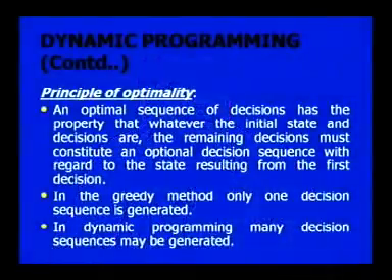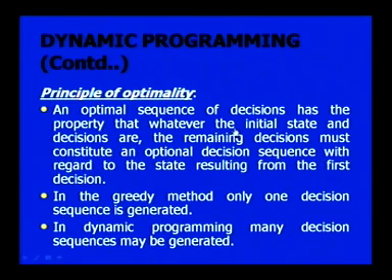The fundamental philosophy of dynamic programming is called the principle of optimality. The principle of optimality is the property that whatever the initial state and decisions are, the remaining decisions must constitute an optimal decision sequence with regard to the state resulting from the first decisions.